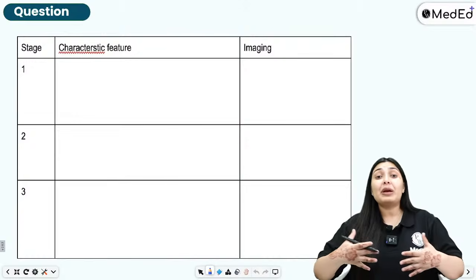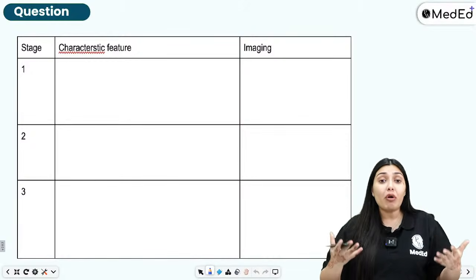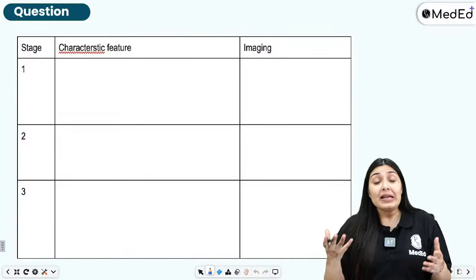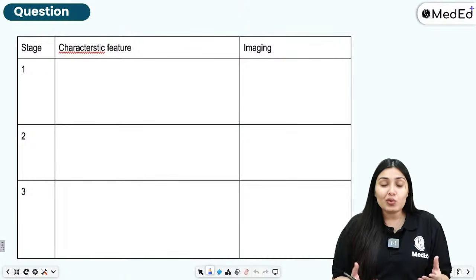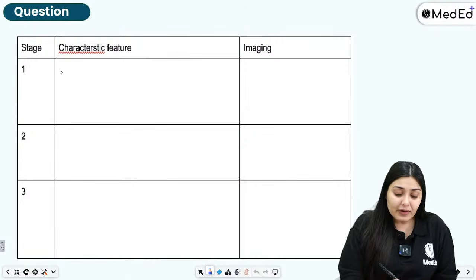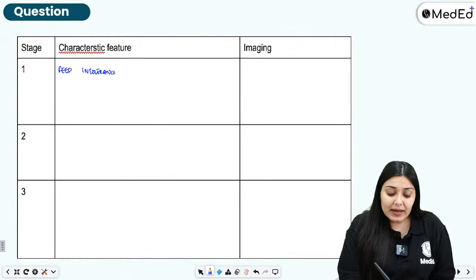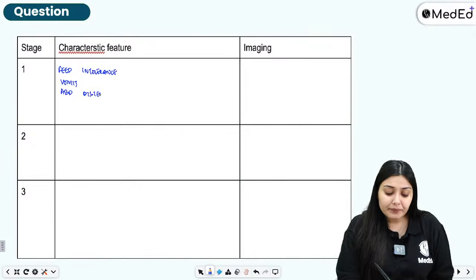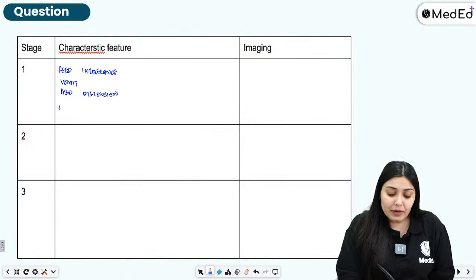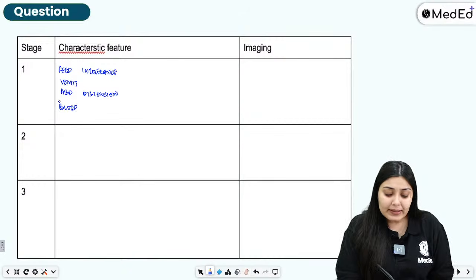That means there will be abdominal distension, vomiting, and lethargy. Sometimes there can be blood in stools. So what you are going to see over here is feed intolerance, non-specific signs, vomiting, abdominal distension, and blood in stools.